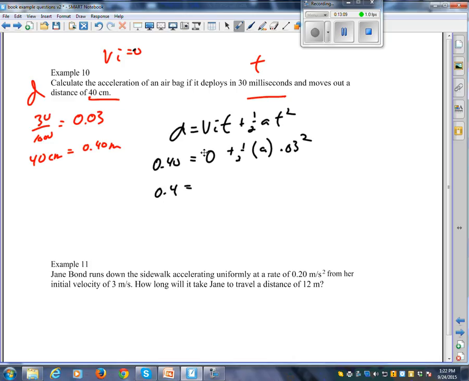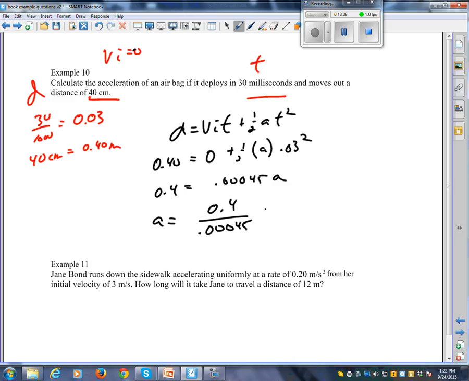I got 1/2 of 0.03 squared. 0.03 squared is 0.0009, and I need half of that. So that's going to be 0.00045 a, giving me an acceleration of 0.4 divided by 0.00045.